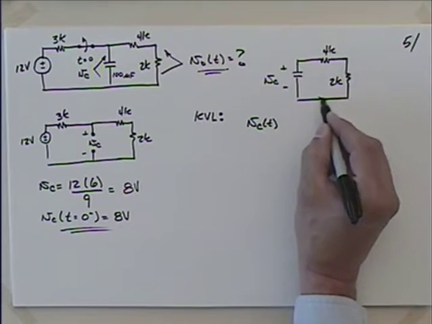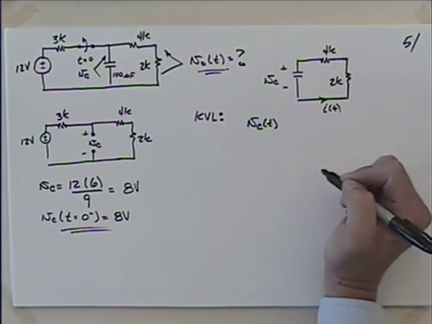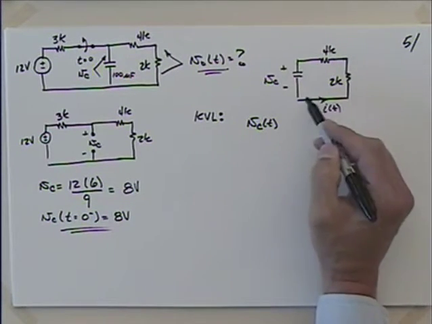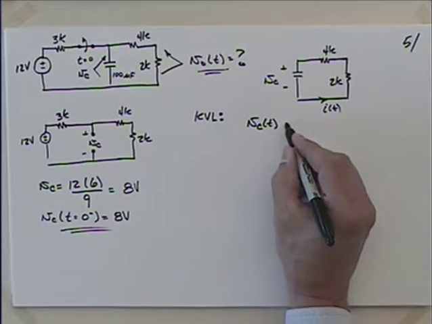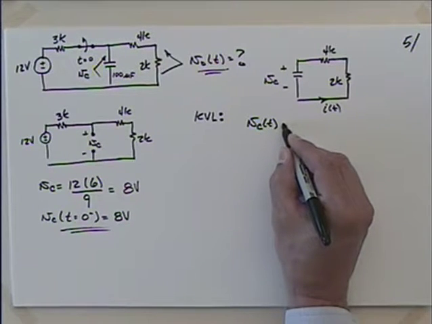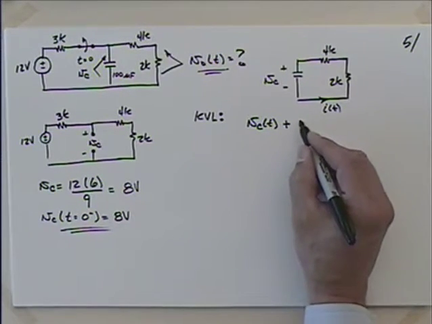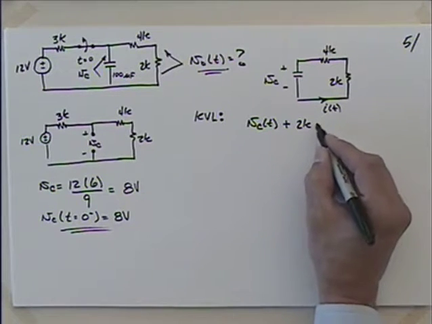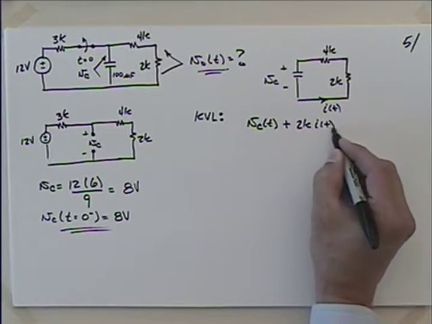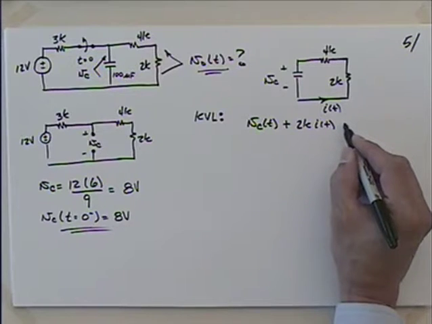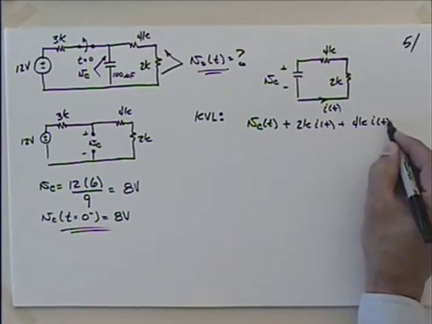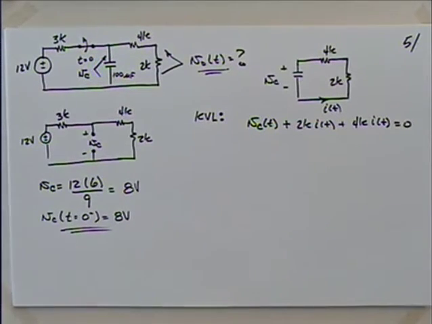I guess I could put the current going this way, I of t. So if I went around that way, a drop, so V of c, and then I'm going to have a positive 2k times I of t, and then another positive 4k times I of t equals 0.